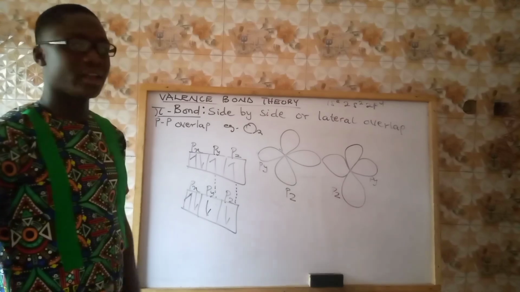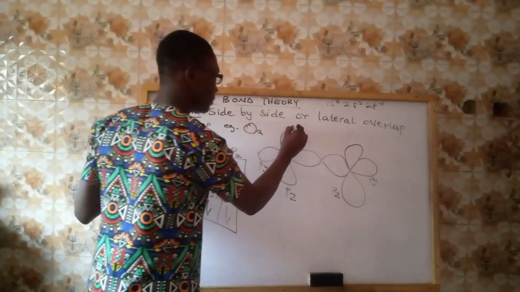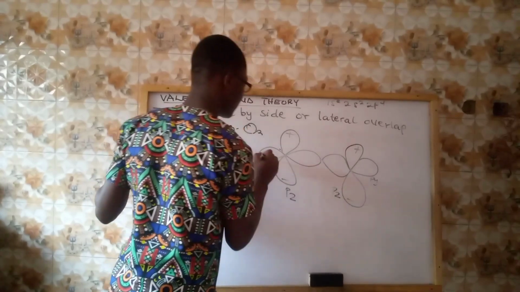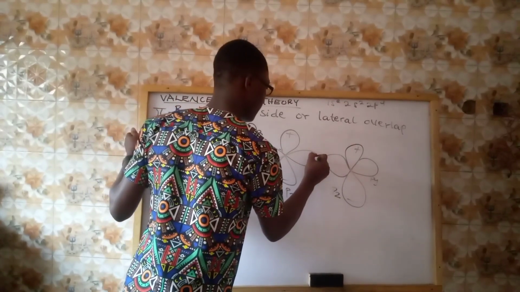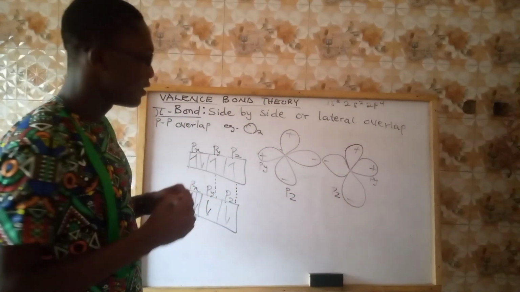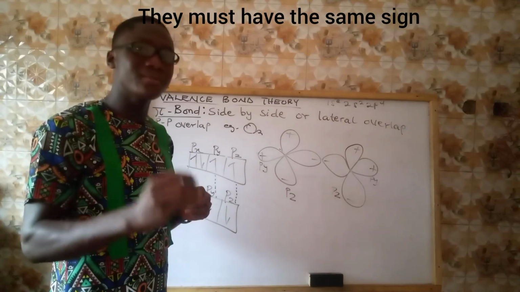So you have the orbitals here. And now we have plus, plus, minus, minus, plus, minus, minus, plus. You have to note that for them to be able to overlap, they must have the same sign.